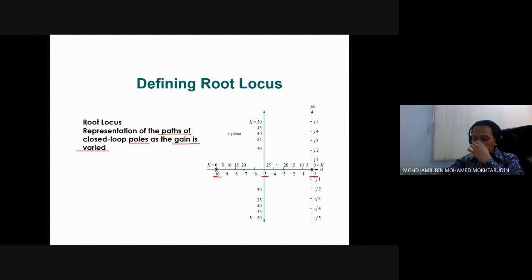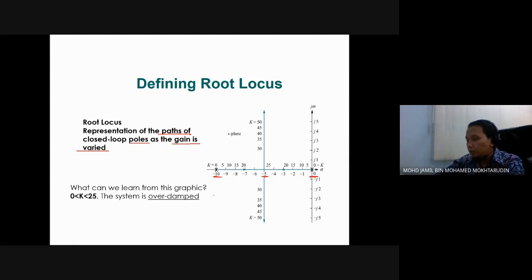We can explain this in terms of system stability. You know already that whenever the poles are on the left-hand side of the S-plane, the system is stable, unless you have poles on the right-hand side, then the system is unstable. But we can learn more about this root locus. For example, for K between 0 and 25, which means from here to here, since the root locus is on the real axis, the system is overdamped.